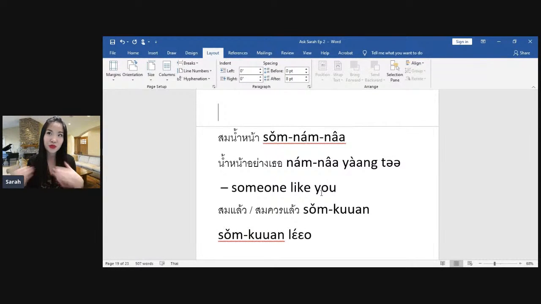Another expression that is related to som nam na is the word sa jai. It's not a good word, you shouldn't feel that. It's bad. Sa jai is when a person faces the consequences that they deserve and you feel happy about it. So it's not good.